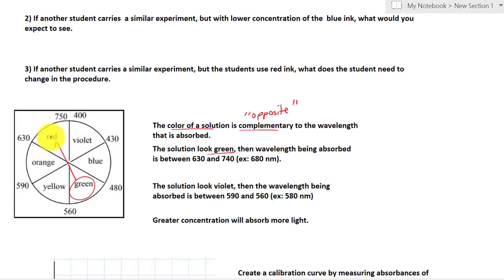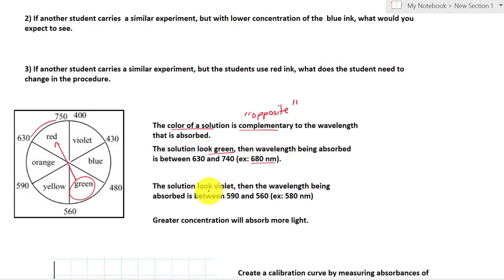So what is the wavelength for red color? That is between 630 to 750. Any light at that specific wavelength will be absorbed by the solution with the color green. So any wavelength between 630 to 740 will be absorbed by the solution. For example, in this case, it would be a 680 nanometer wavelength.